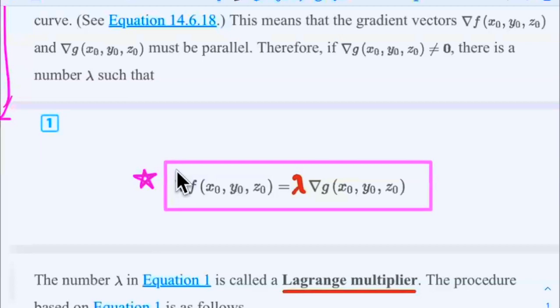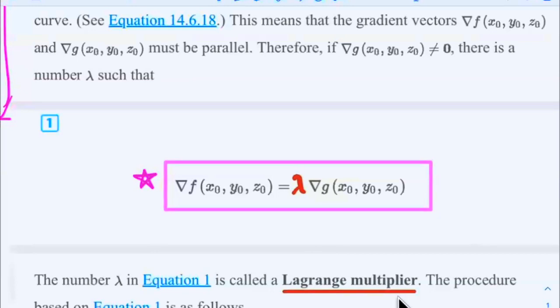So what does it say? So this says that if we try to find the extreme values of a function f that satisfies the constraint g equal to a constant, then the gradient of f will be equal to a constant multiple of the gradient of g. Okay, and what is this lambda? This lambda over here is called the Lagrange multiplier.